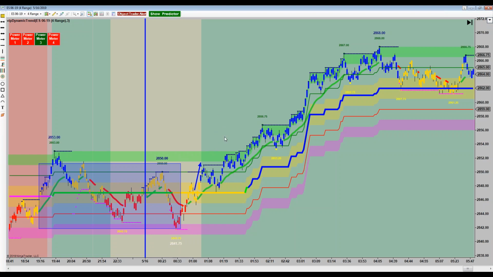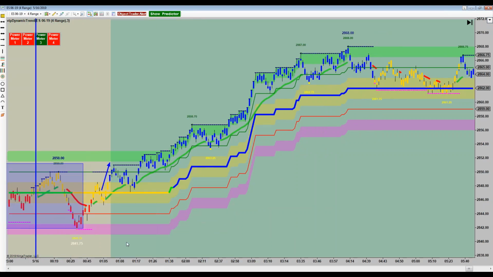Sometimes it can run and then pull back. Needless to say, this is telling you that now you're going to start to look for long trade entries or buying support on retracements or pullbacks. So here's a good example of one right here.